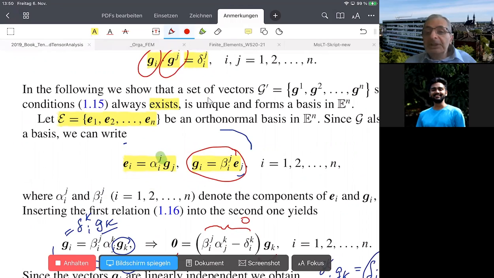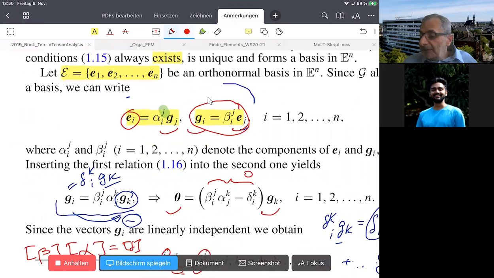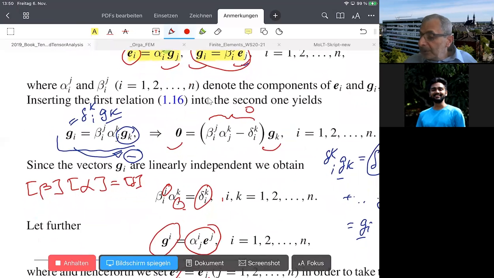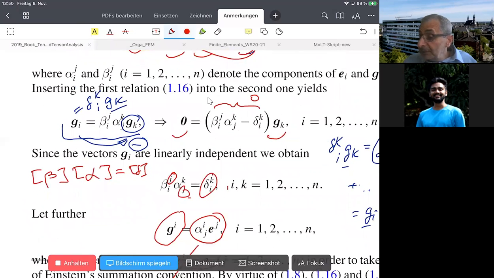We always have one in our Euclidean space, and we express this orthonormal basis in terms of our original basis, and our original basis in terms of the orthonormal one. Then we realize that these matrices of coefficients alpha and beta are orthogonal to each other, so to say, because the product of these matrices is equal to the Kronecker delta, or in another way, the unit matrix.